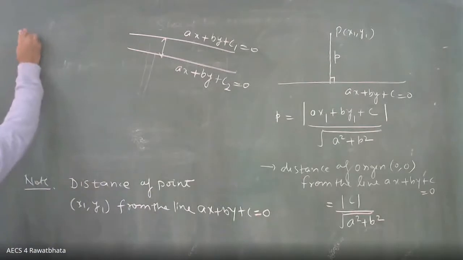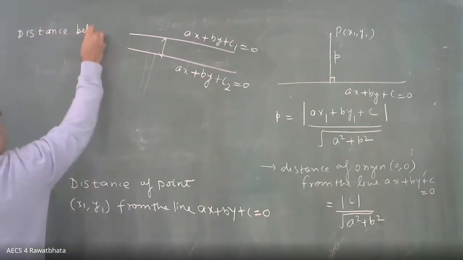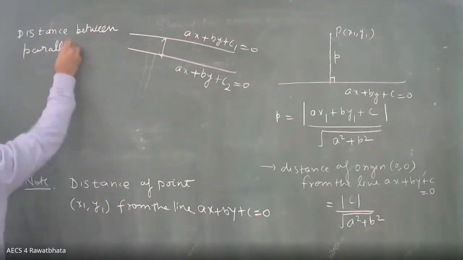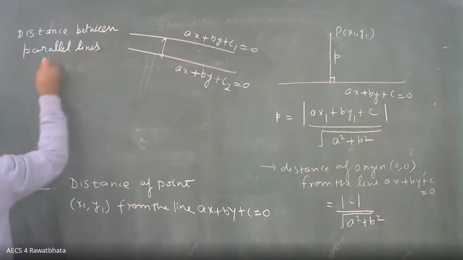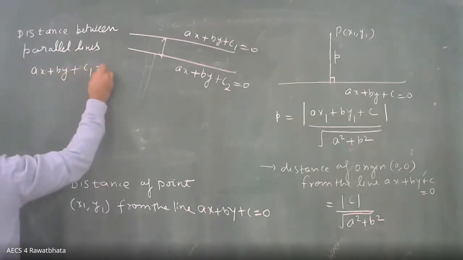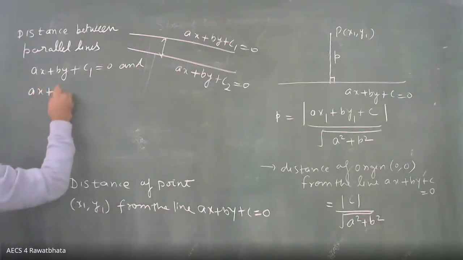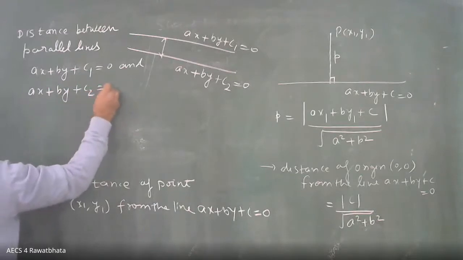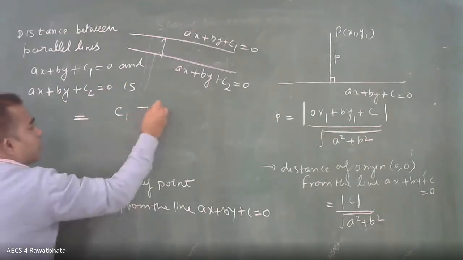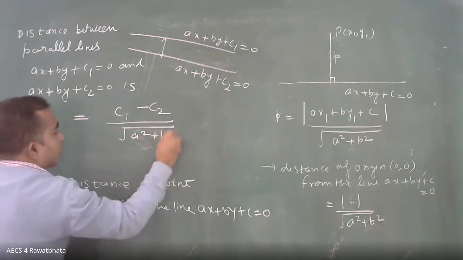So the distance between parallel lines ax plus by plus c1 equal to 0 and ax plus by plus c2 equal to 0 is equal to c1 minus c2 divided by root of a square plus b square.